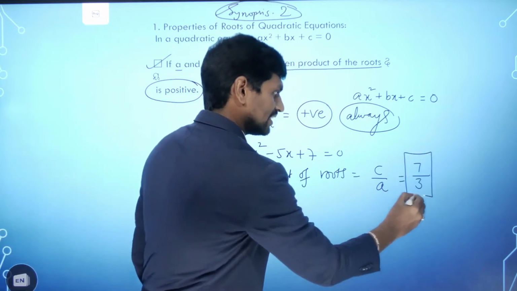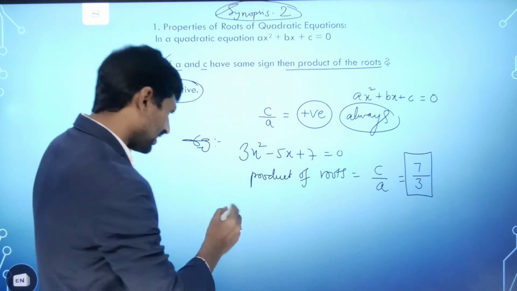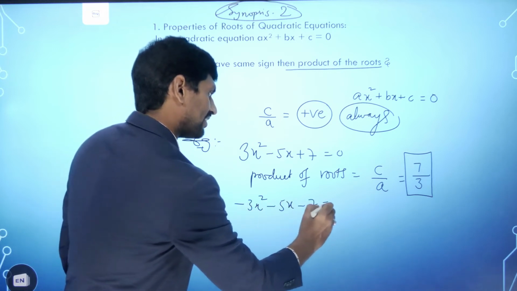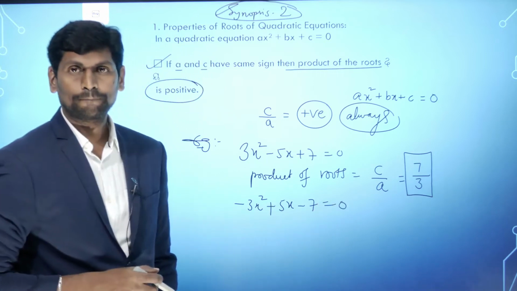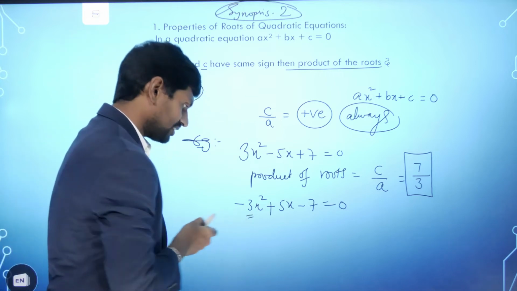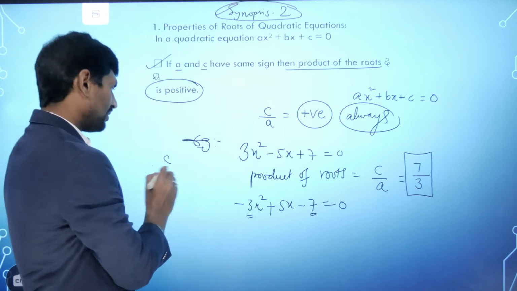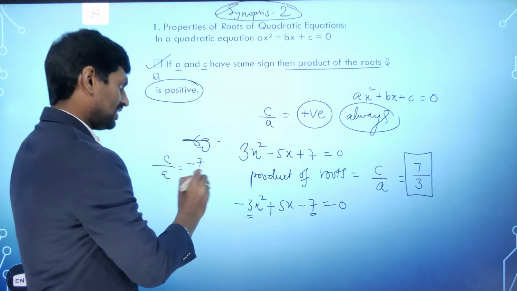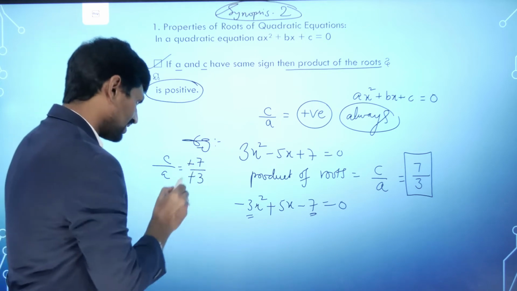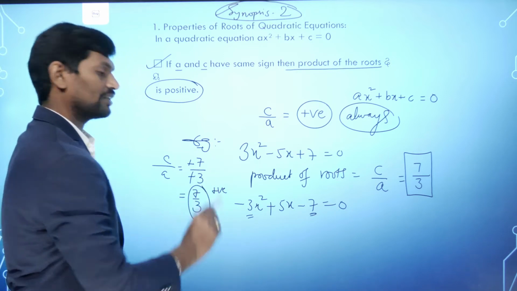So 7 by 3 is a positive value. Same way, minus 3x square minus 5x minus 7. See, x square coefficient here is negative 3, constant term negative 7. Then product of roots is C by A, constant term by x square coefficient. Here minus minus cancel. It is 7 by 3, which is also a positive number.